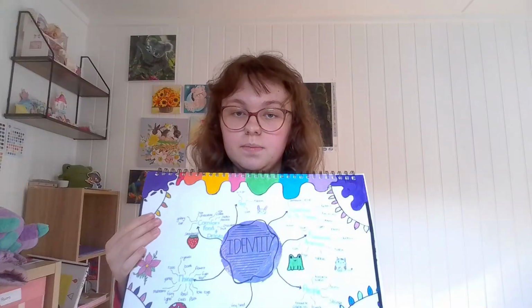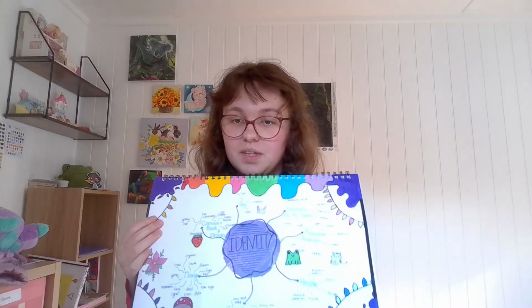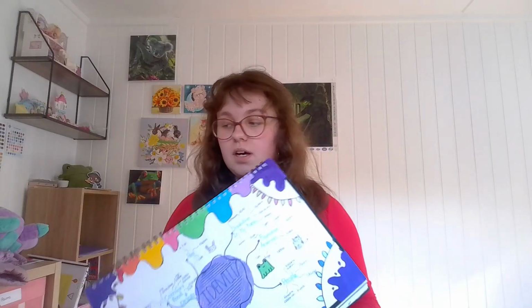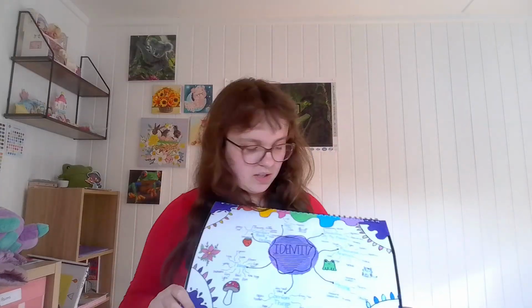So let's do this. My theme was identity, and this was my mind map. I think it might be mirrored, but that's okay. This is what you start with. I'm doing A-level at the minute, so I would do this very differently now, but that's not the point.